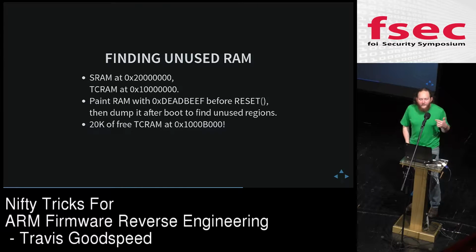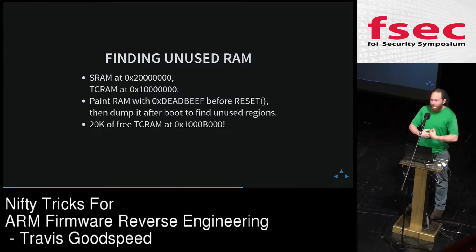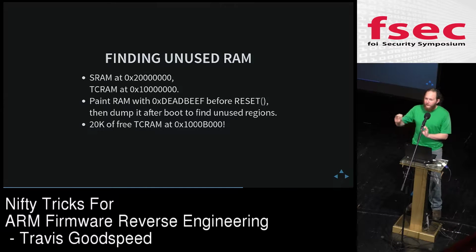Now you also need RAM, because your code needs to politely coexist with the original code. You're adding new features, but you're not really ripping out much of the old ones. RAM has a bit more left over, but you need to find it. So at this stage, you can sort of guess at a region of RAM and just hope that it won't crash if you use very little of it.